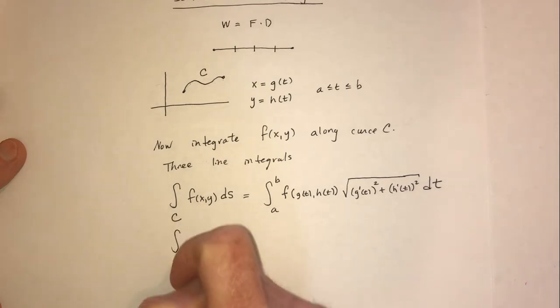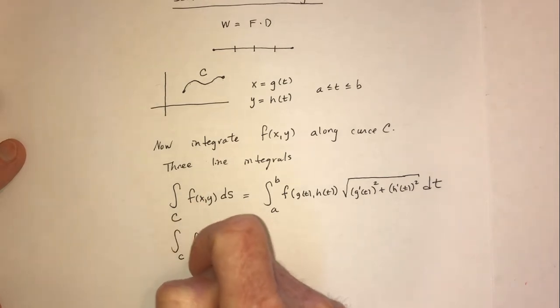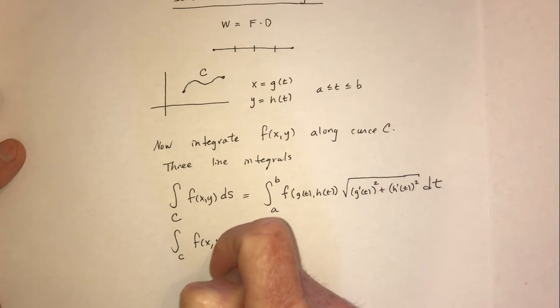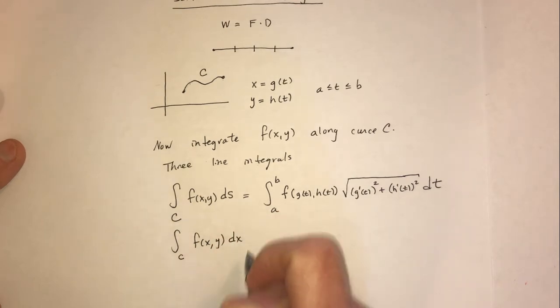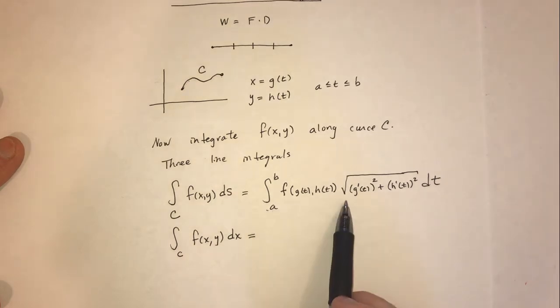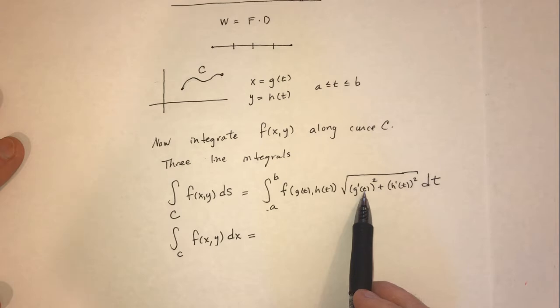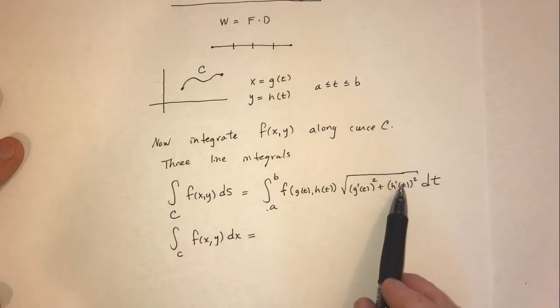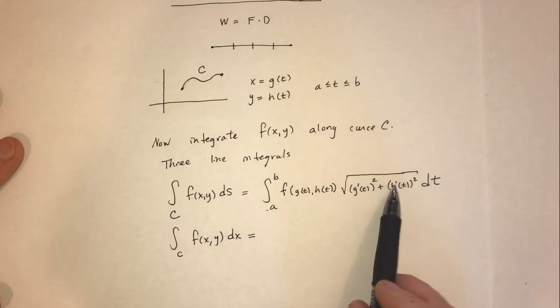Now, if you just want to know what's going on in the x direction, then this is going to be dx. So it's basically going to be the exact same thing, except we're only going to be using this part. Which means, so this is just gone. We're not even using the y part here.